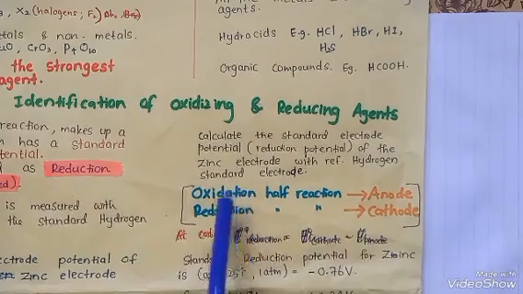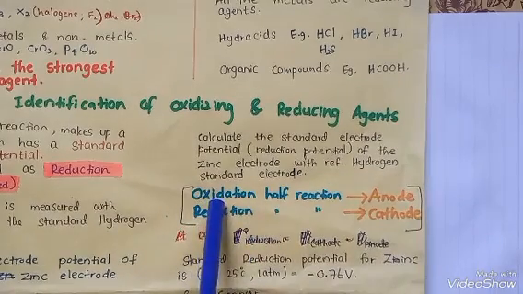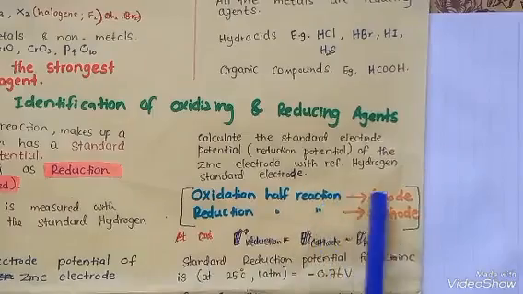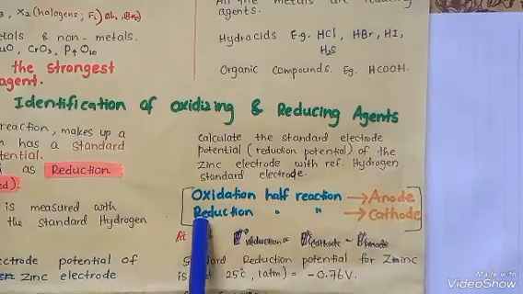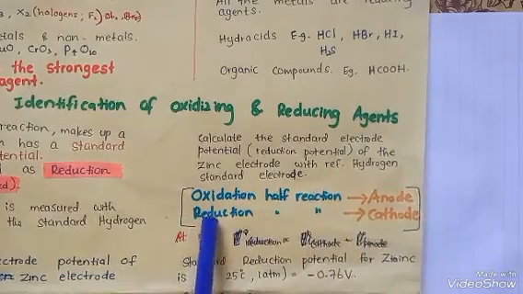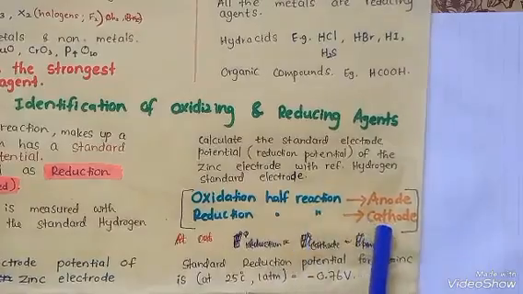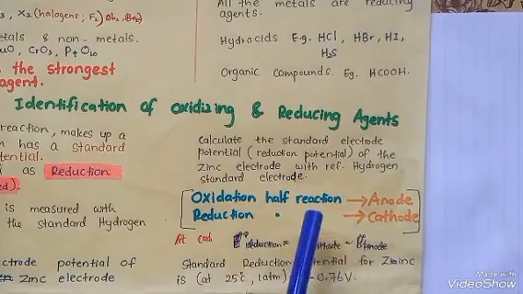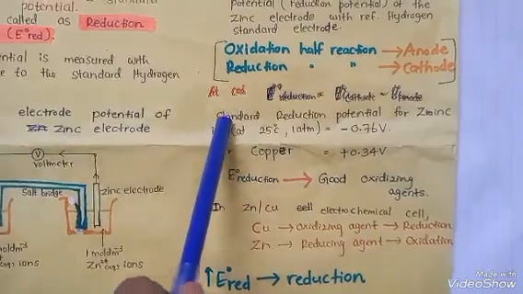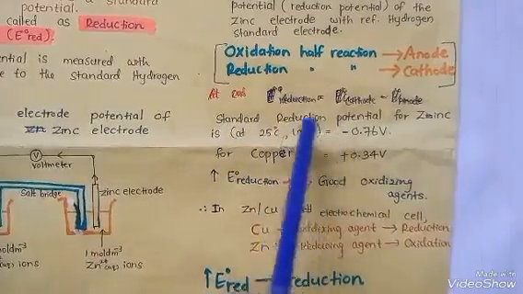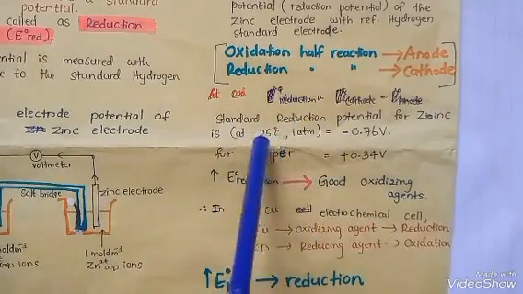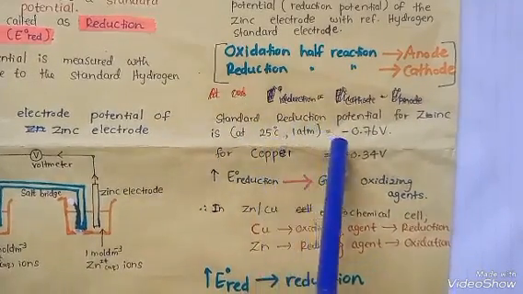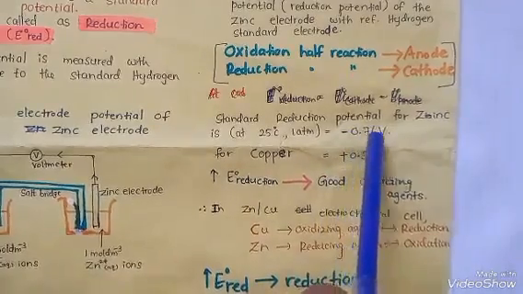The electrode undergoing the oxidation half reaction we call the anode, and the electrode undergoing the reduction half reaction is called the cathode. For zinc, the standard reduction potential at standard conditions is minus 0.76 volt.